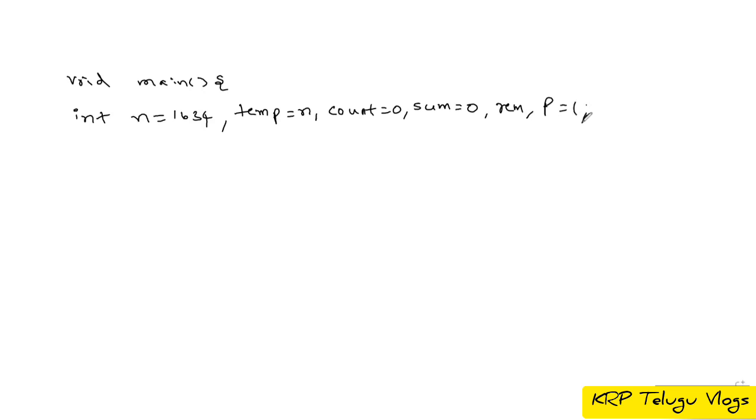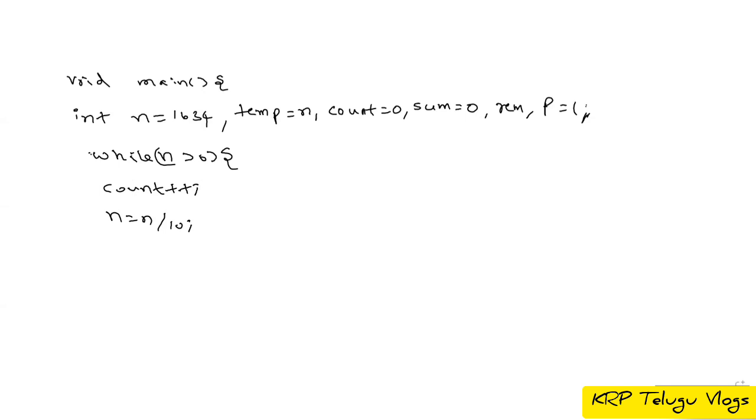Here, first we will count the number of digits. So while n is greater than 0, count plus plus, so count will be incremented, and n is equal to n divided by 10. Now count will become 4. Here again we'll start one more while loop.